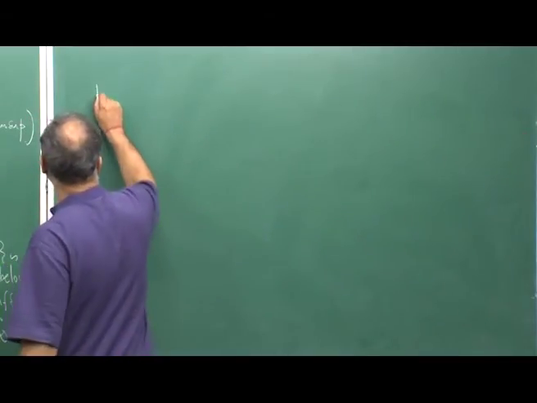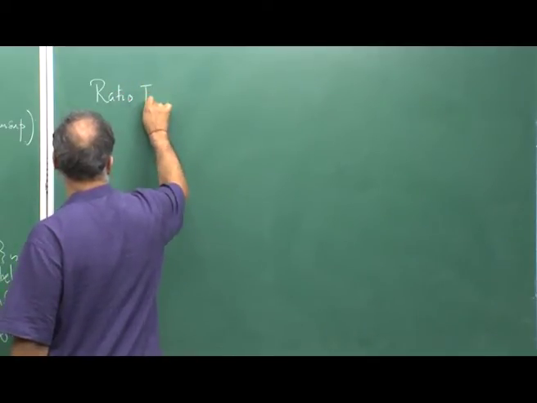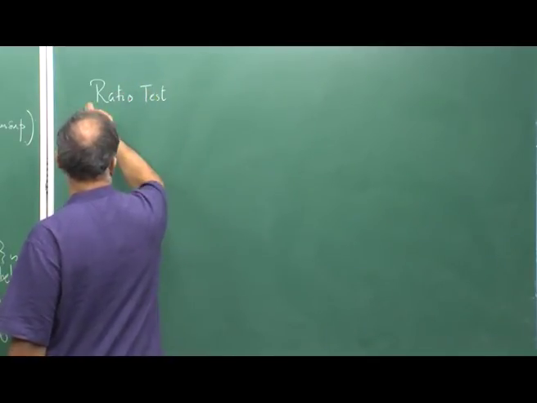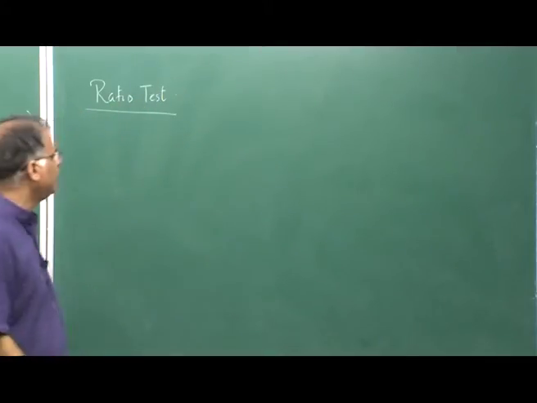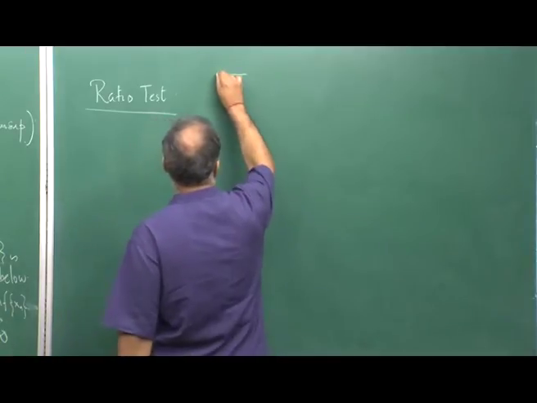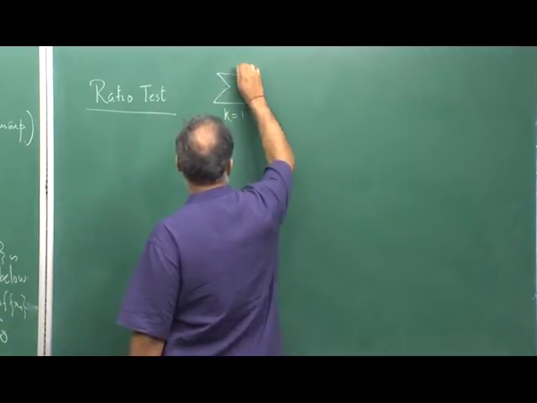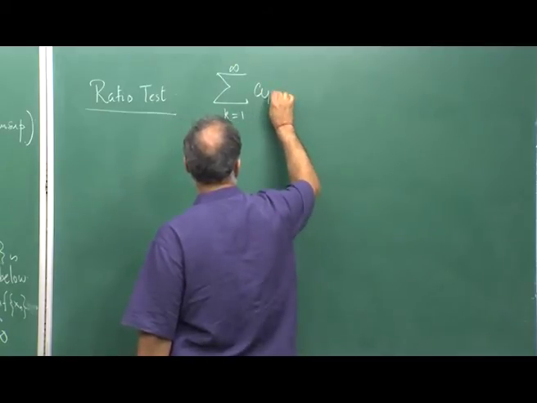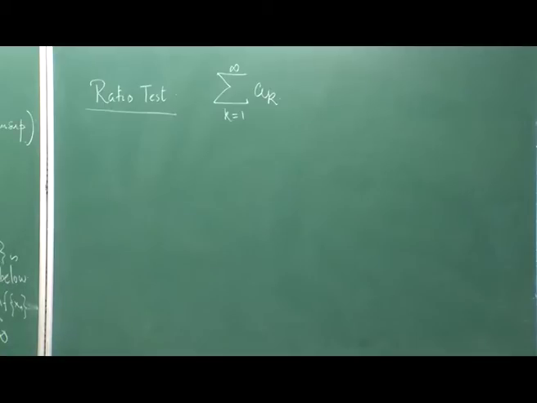So this is the ratio test. You have a series, right. You really have to check whether this series is convergent or divergent.